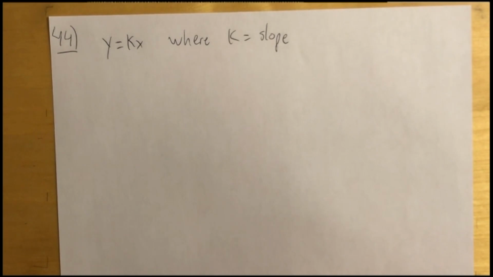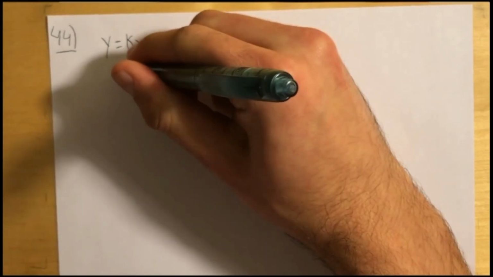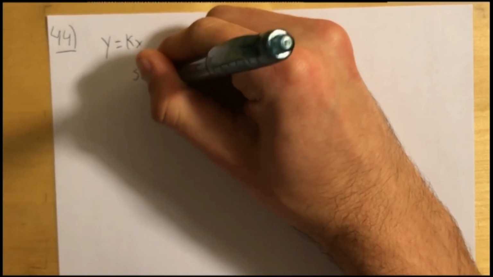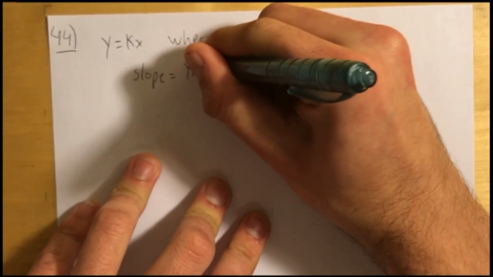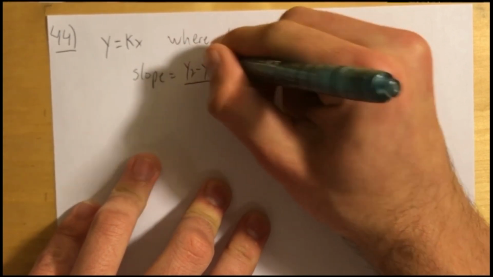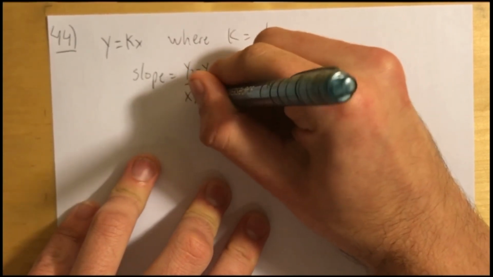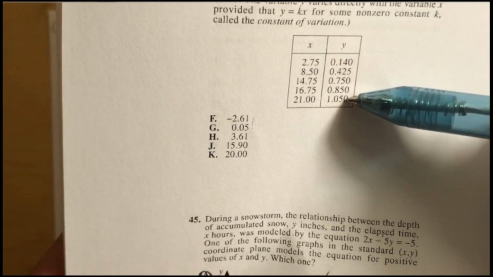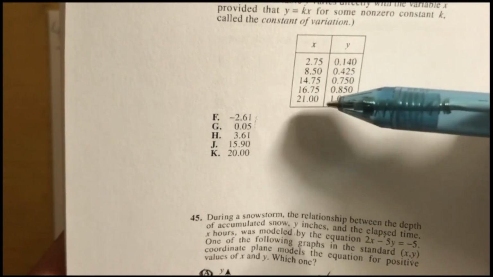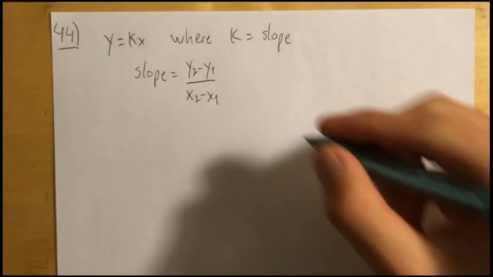So what we're going to do here, and recall that the slope is rise over run, which is y2 minus y1 over x2 minus x1. We're going to pick the end values of the table. So this y, and the same for x.